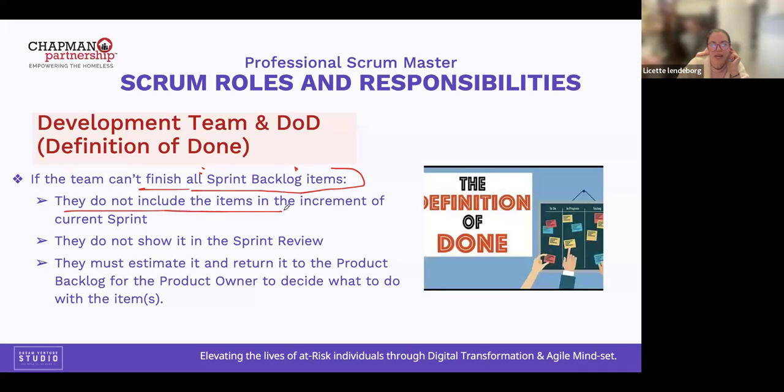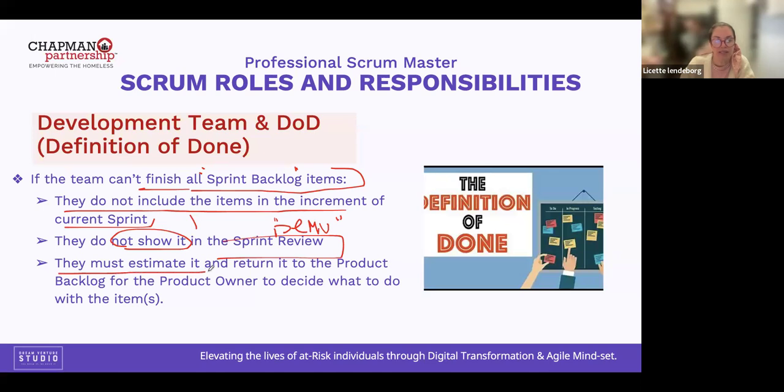They do not include the items in the increment of the current sprint. That's normal because it's not done. And they do not show the item in the sprint review and the demo. So we need to exclude that item and not show something that is not done yet.